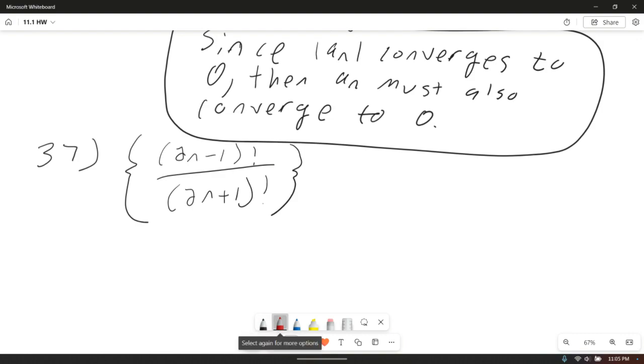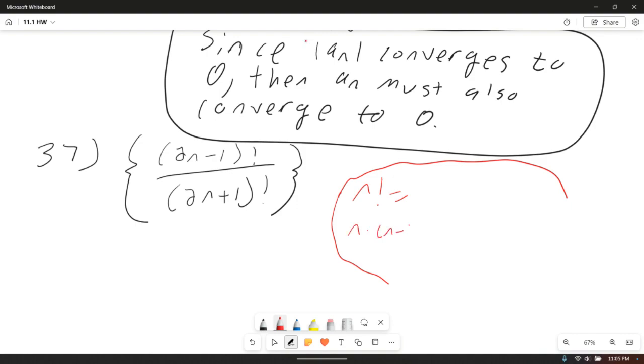So here, I'm going to define factorial. n factorial is just n times n minus 1 times n minus 2 times n minus 3, and so on until we get to, say, 3 times 2 times 1.